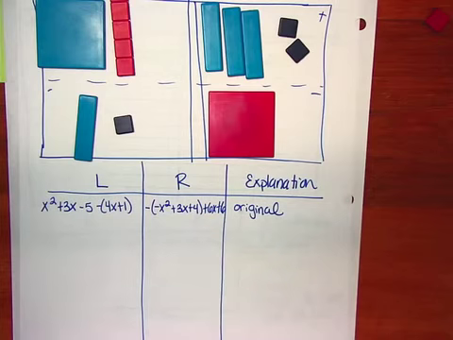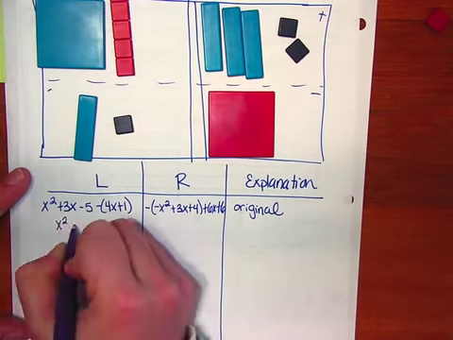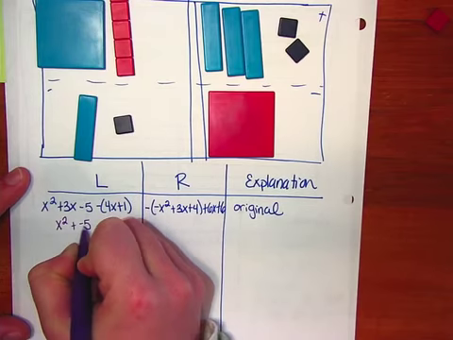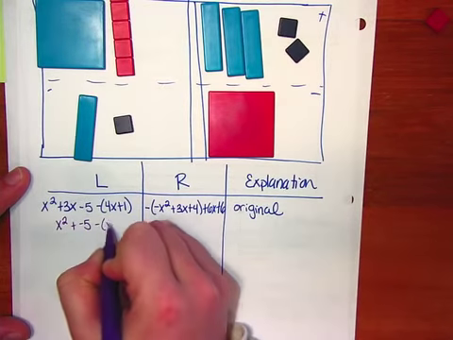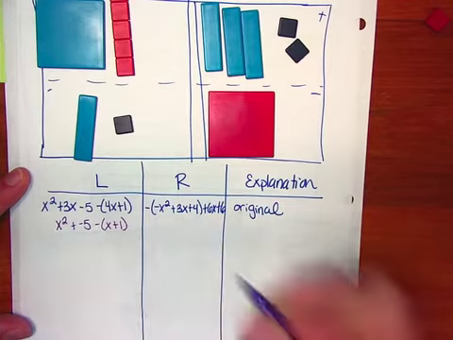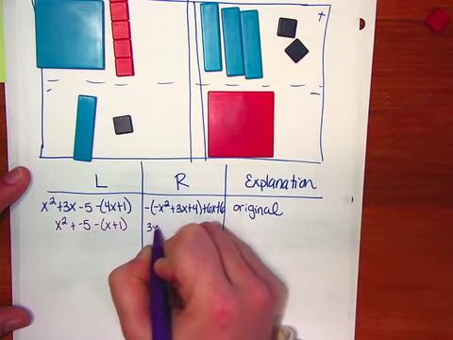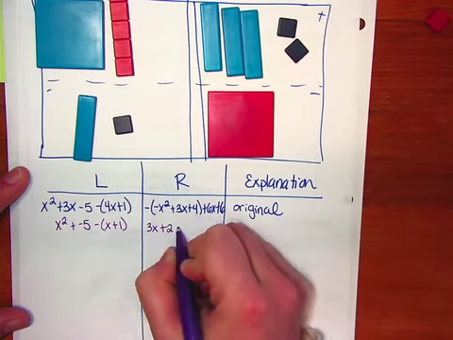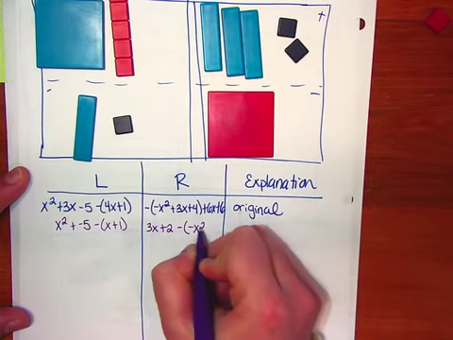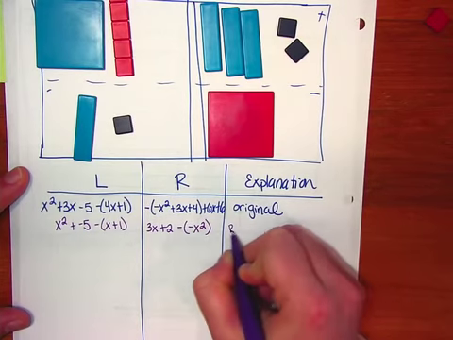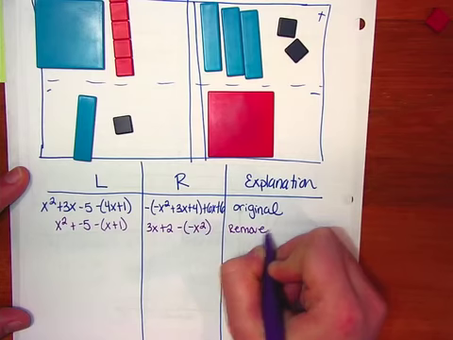So our end result, we'll record what we have left now. X squared plus negative 5 minus the group x plus 1. On the right we have 3x plus 2 minus negative x squared. And we removed zeros.